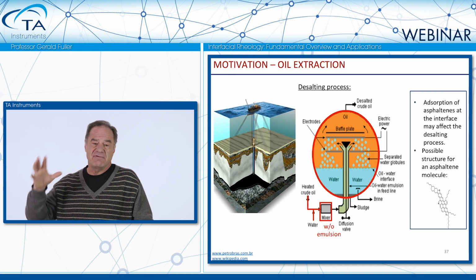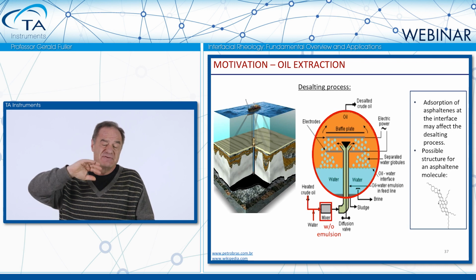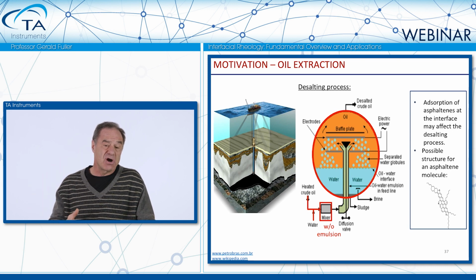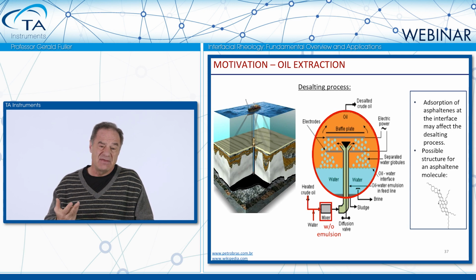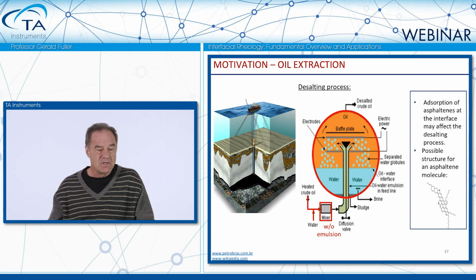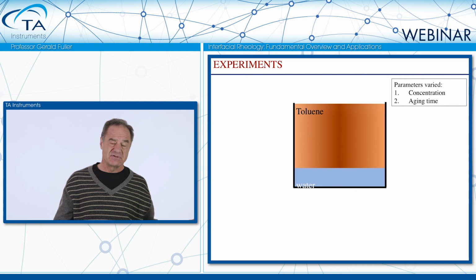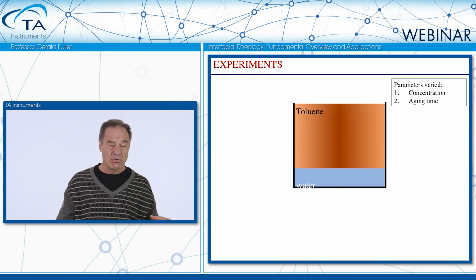Well, if you have attached asphaltenes to your water droplets, you're going to create a viscoelastic skin that's going to retard coalescence. So you'd like to understand the influence of that adsorption. So here's the experiment that we created. We have toluene. Remember, our asphaltenes will dissolve nicely in that, and below it water.